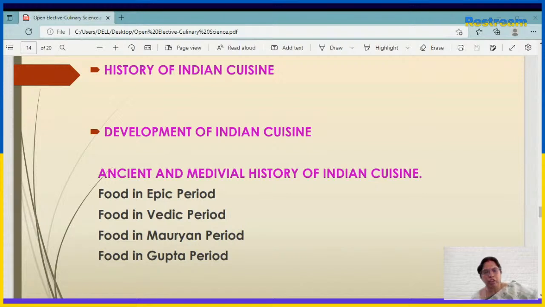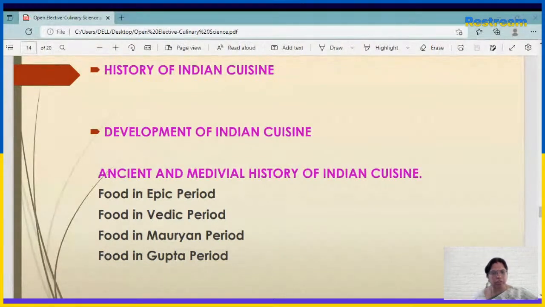But later, when the invasions happened from Asia, Arabia, Persia, and the Mughal Empire, different types of foods started coming into India. Then came lavish dishes during the reigns of Jahangir and Shah Jahan, which were rich, made with ghee, butter, etc., and also traditional foods like Hyderabadi biryani.